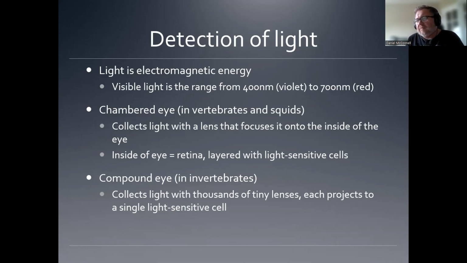Different is what we find in many invertebrates, the compound eye. The compound eye is what you see with insects. If you look up closely at it, you'll see that it's actually a collection of a bunch of individual lenses, as I call them here on this screen. They're technically called ommatidia, and they're really long cones that project down into a central bulb.